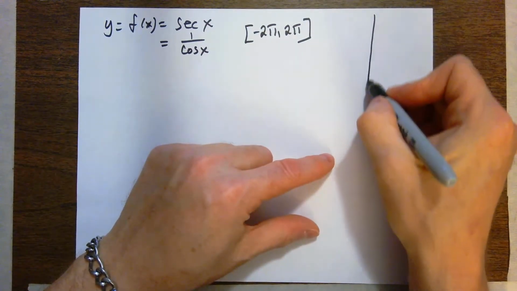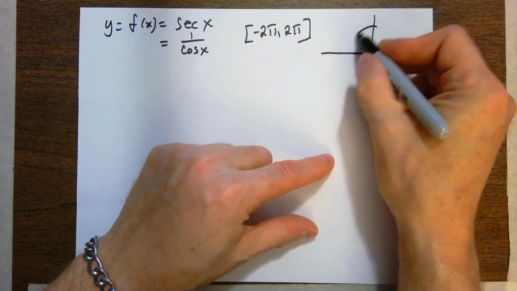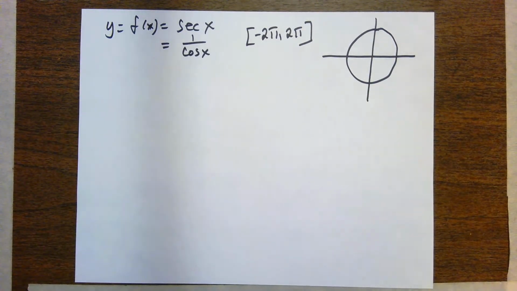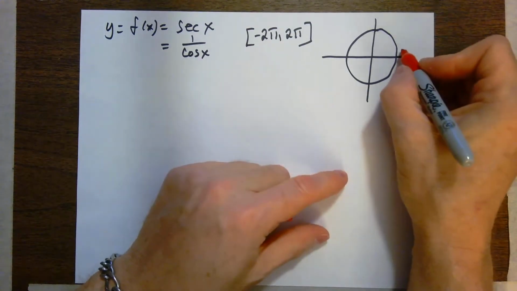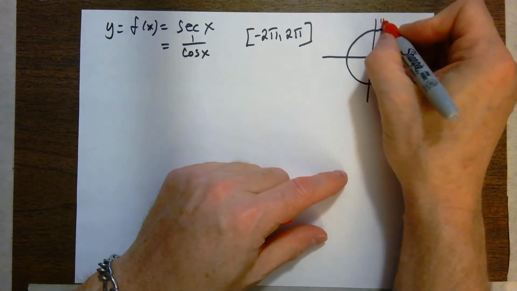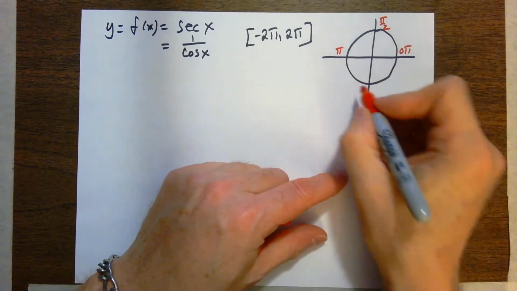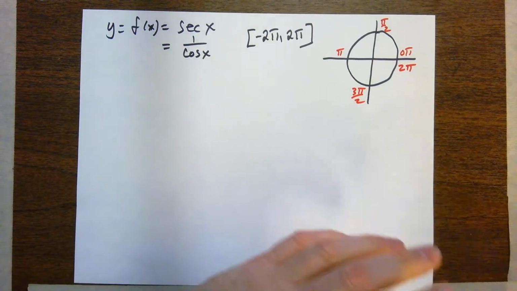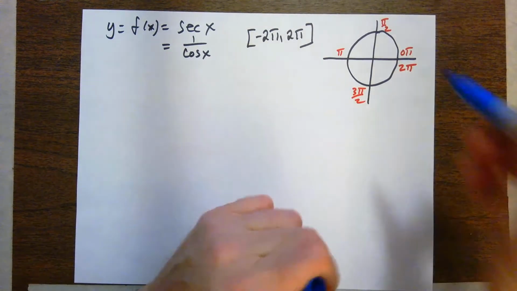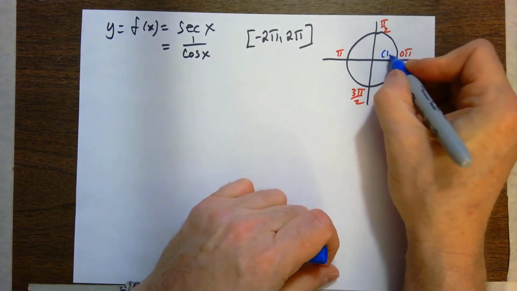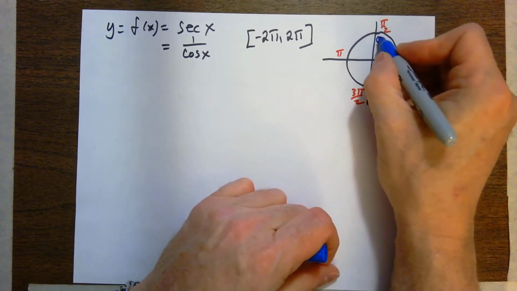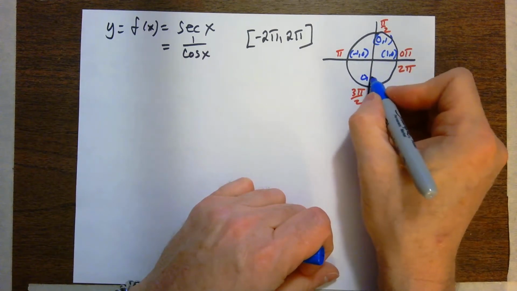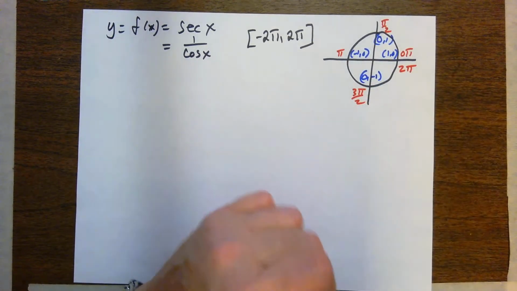Let's get our little unit circle here to help us with the calculations. And as I take a look at this, I know my angles, 0 pi, pi over 2, pi, 3 pi over 2, and 2 pi. I know my ordered pairs. This is the coordinate 1, 0. Here is 0, 1, negative 1, 0, and 0, negative 1.